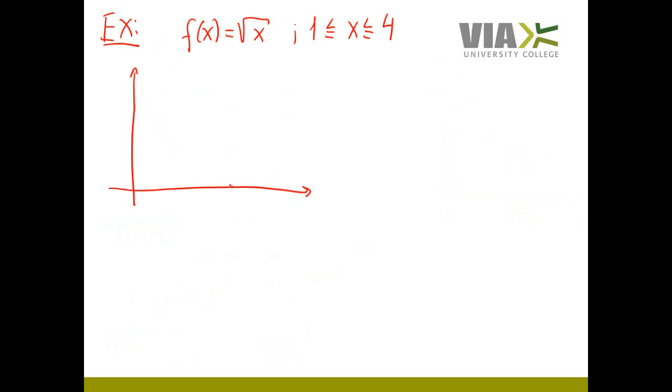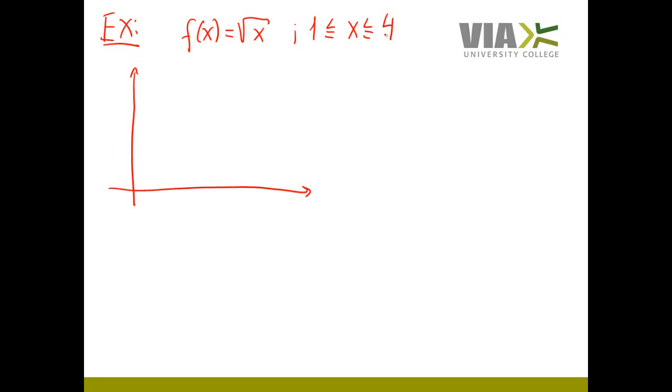The first example I've chosen to include is this one, where we have the graph f(x) equals the square root of x, and in this case we're limiting x to be in between 1 and 4. So we should calculate the volume of the solid which we will get when we rotate the graph for f(x) 360 degrees about the x-axis.